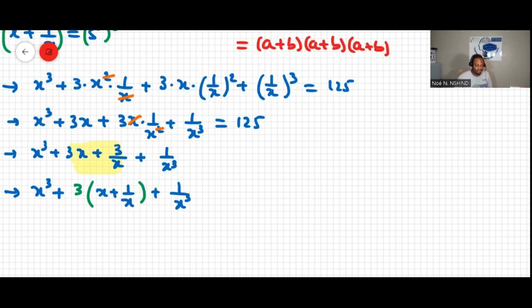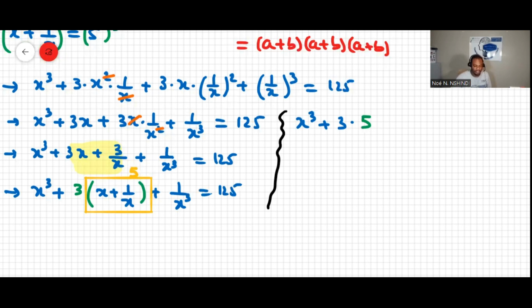And now this part here is just equal to 5. So this is x cubed plus 3 multiplied by 5, plus 1 over x cubed equals 125.